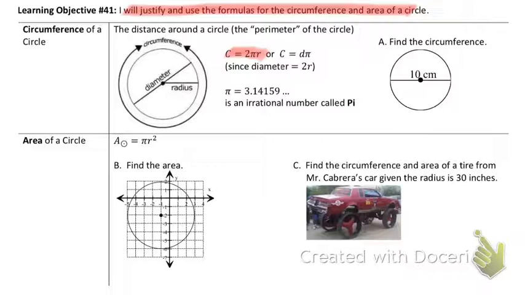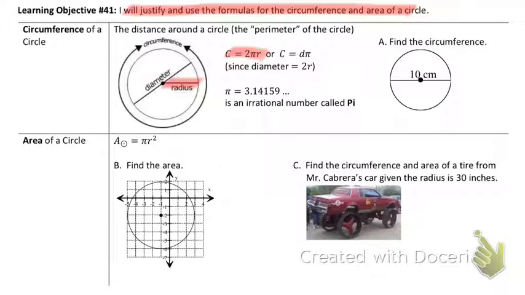Diameter, on the other hand, is simply a line that goes all the way across the circle, straight, but through the center of the circle. So we can think of this as 2 radius put together, 2 radius back to back, and this is called the diameter.